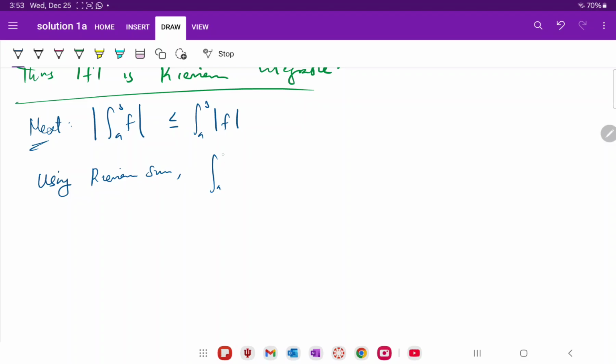We know that the integral from a to b of f is the limit as mod P tends to 0 of the summation j equals 1 to n of (xj minus xj minus 1) f of sj minus 1. So these are the definitions of the Riemann sum.